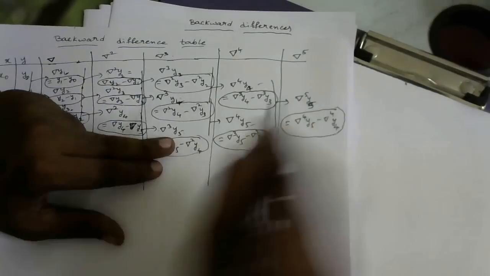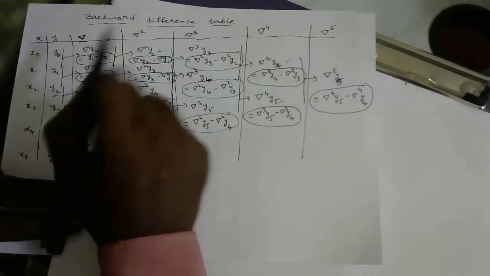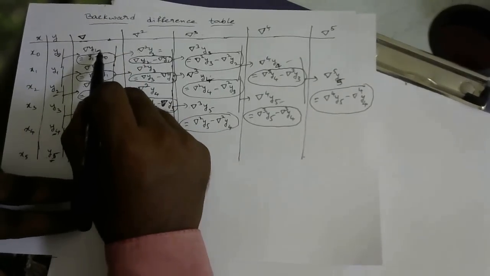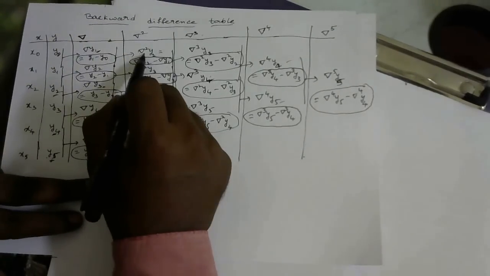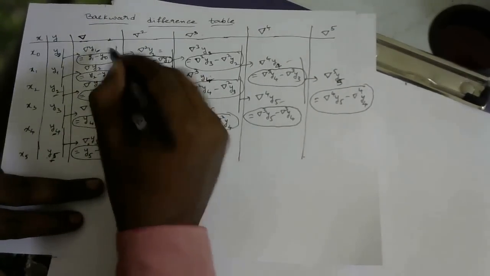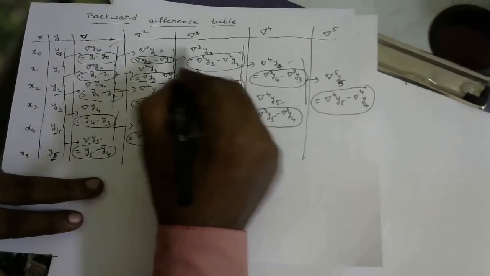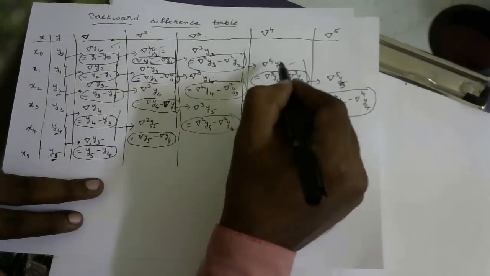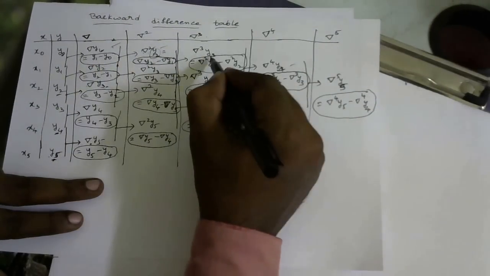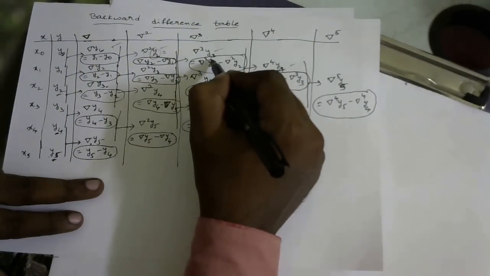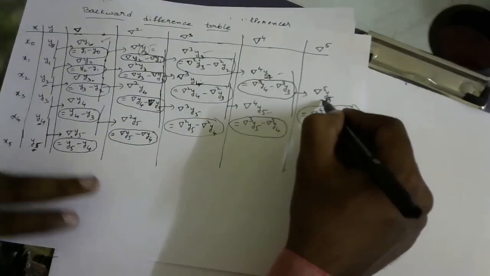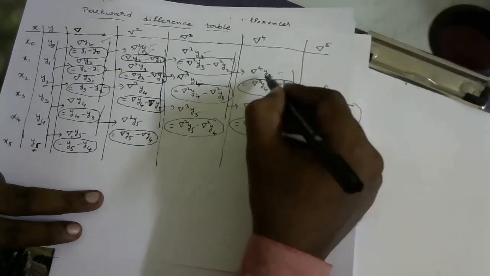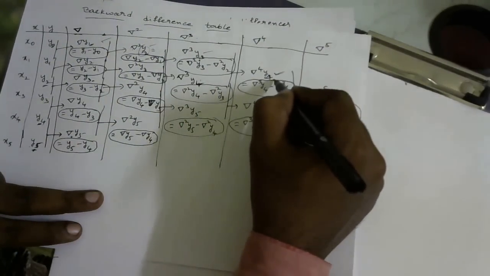Look here: del y1 is eliminated, then del square y2 is eliminated, next del cube y3 is eliminated, and del to the power of 4 y4 is eliminated.